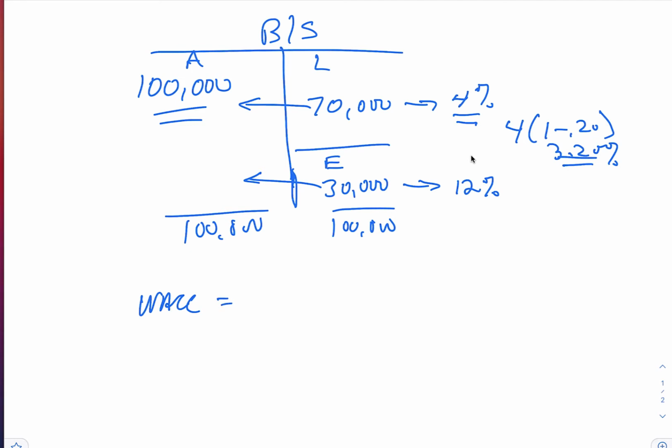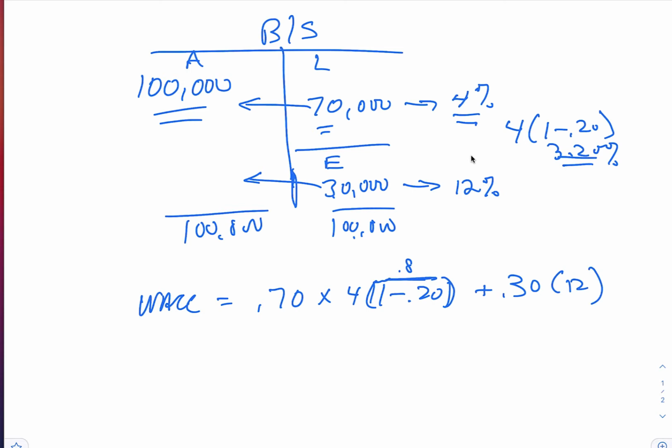And it's going to be 70%, 70,000 of 100, times the 4% times the 1 minus 0.2 tax effect. So this is 0.8 overall right here. And then we have 30%, 30 out of 100, that's going to have a 12% cost.